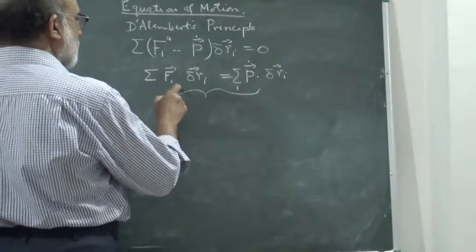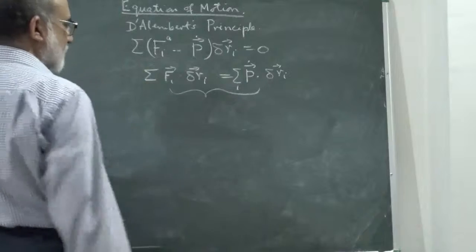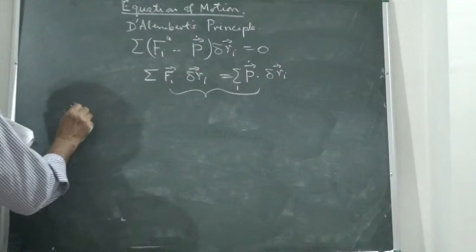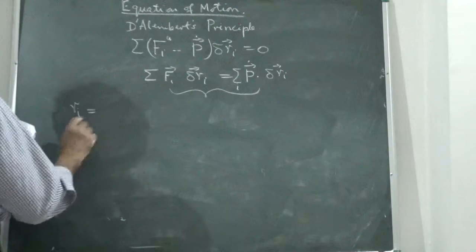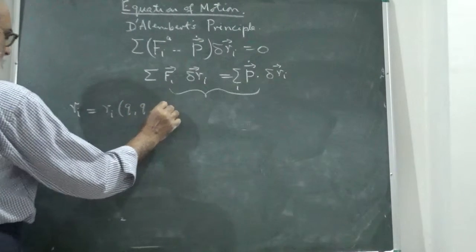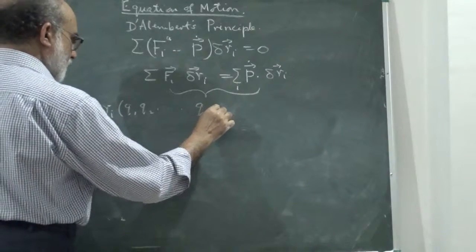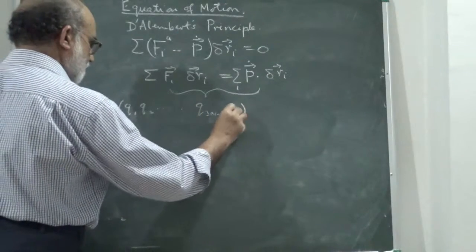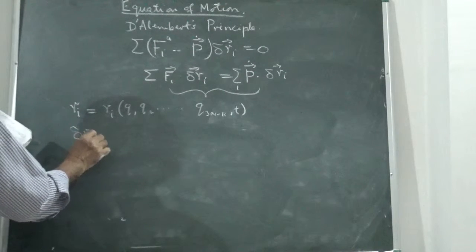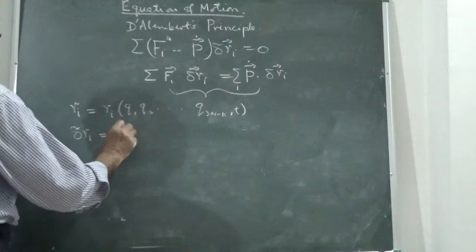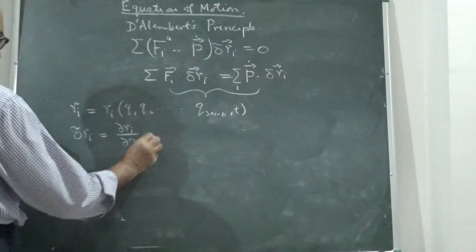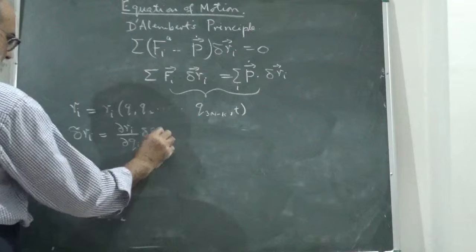We have to write this equation in terms of generalized coordinates. Suppose Ri is expressed in generalized coordinates Q1, Q2, Q3 up to Qn. Then the virtual displacement delta Ri will be equal to delta Ri by delta Qj times delta Qj.